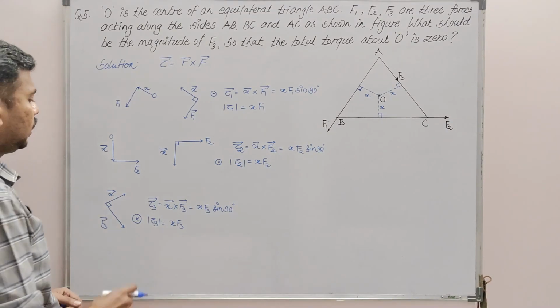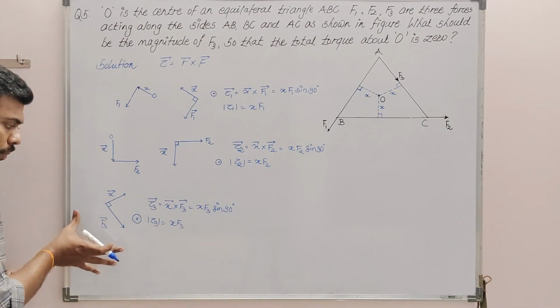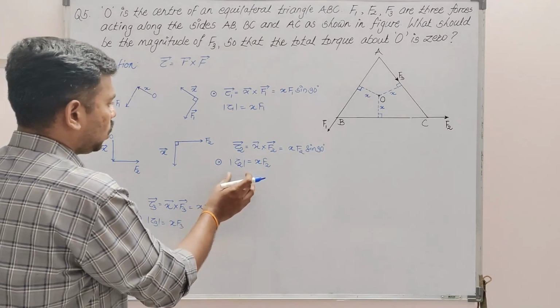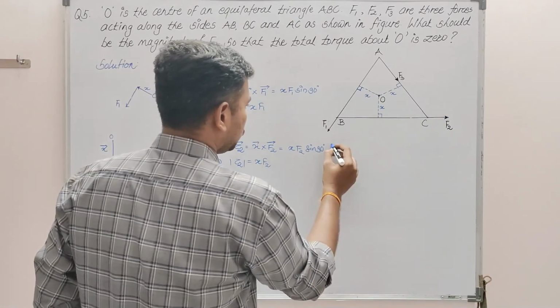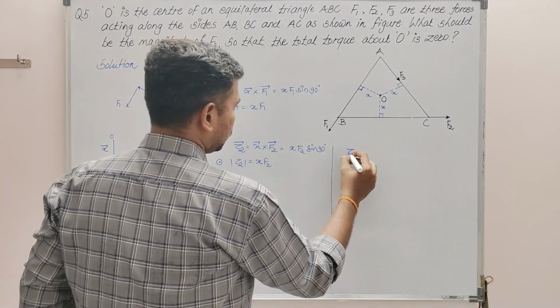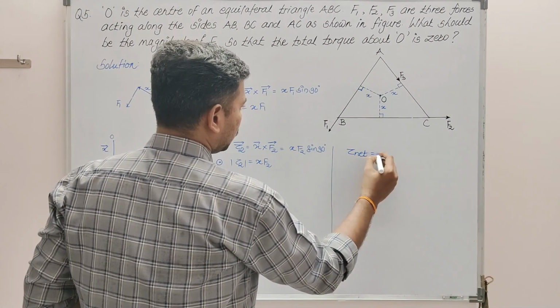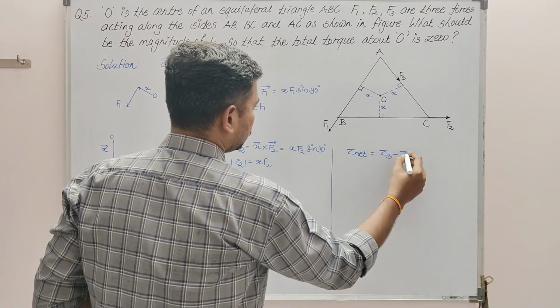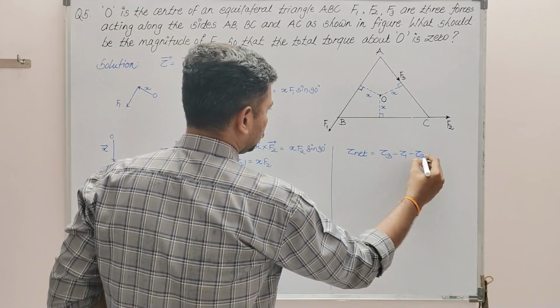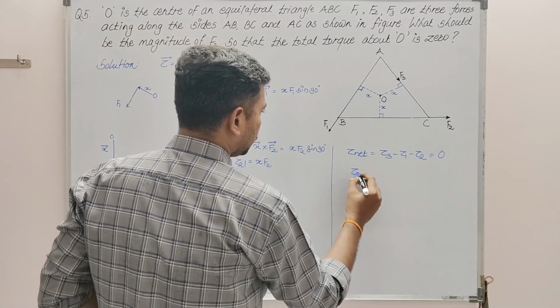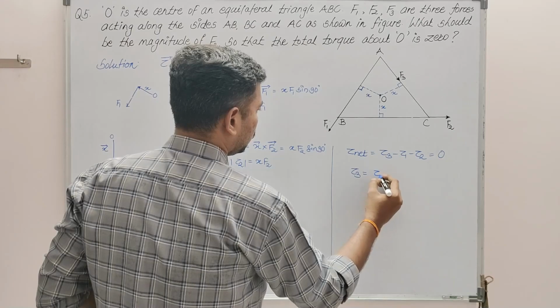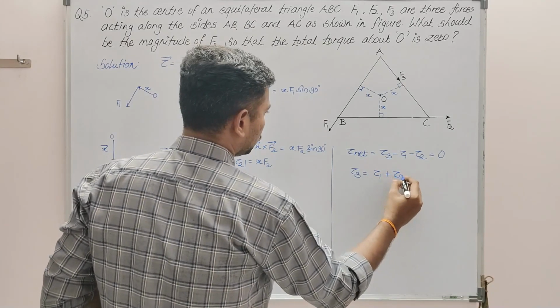Now we need to assume that the torques directed into the plane are positive, and the torques directed coming out from the plane are negative. So according to the assumption, net torque is equal to torque 3 minus torque 1 minus torque 2. As net torque is equal to 0, we can write torque 3 is equal to torque 1 plus torque 2.